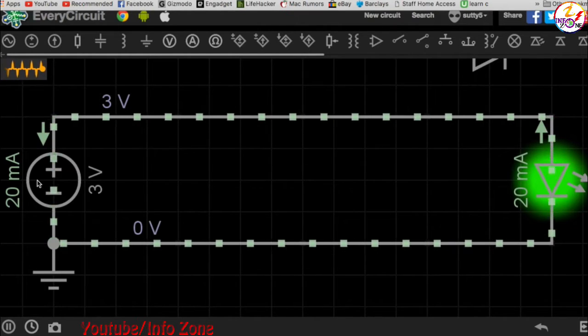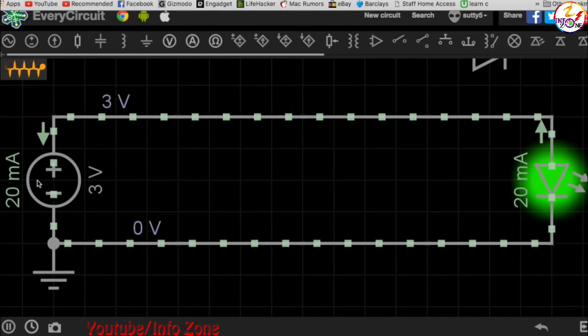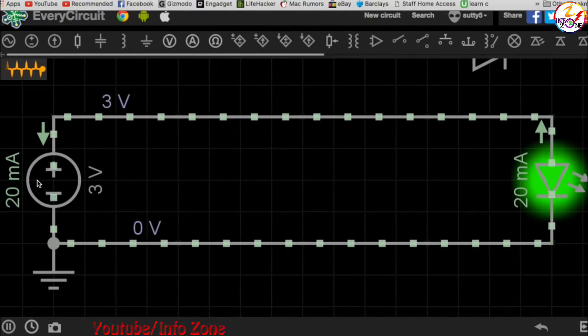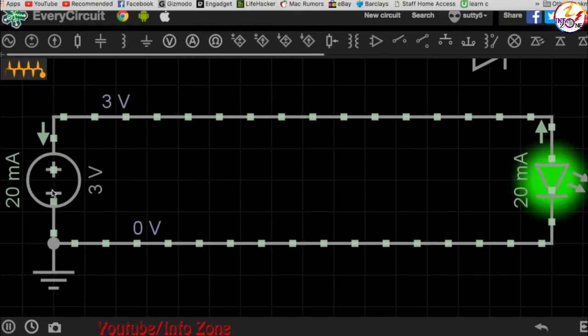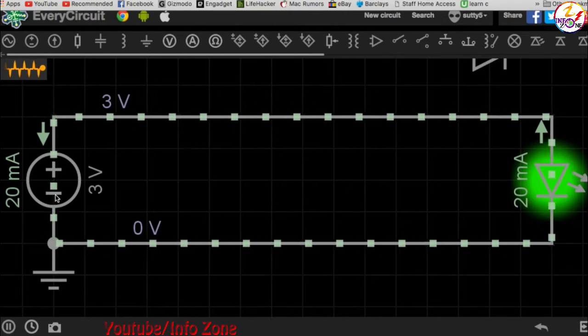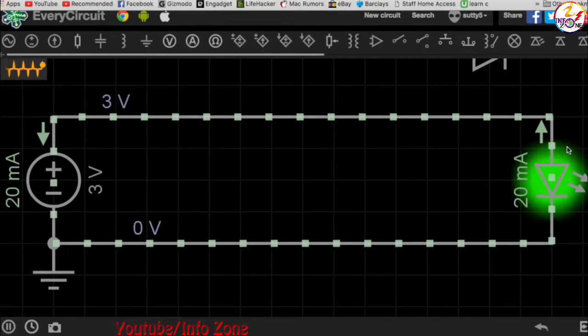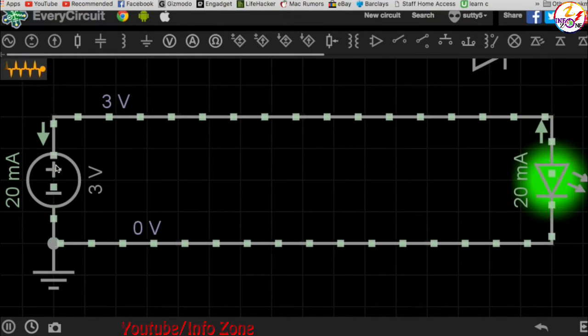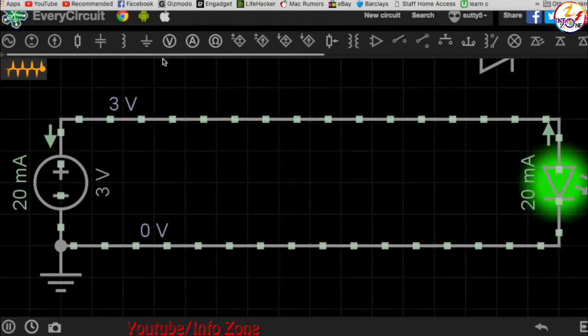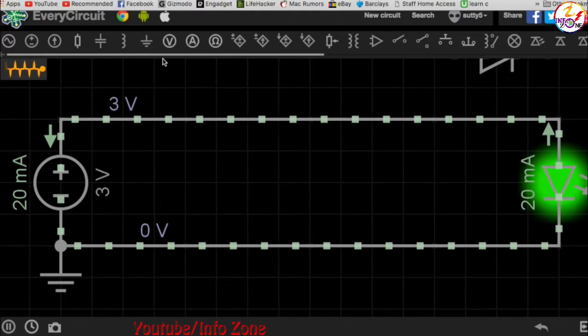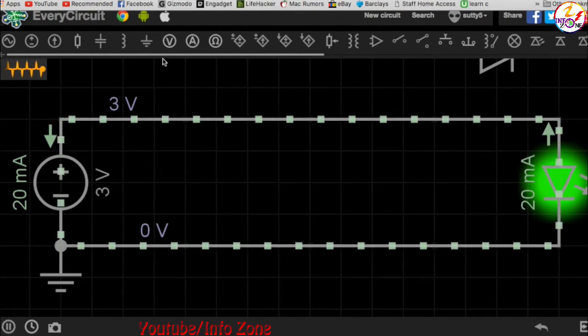The positive and negative side are both constant, they do not change. So that means that the electrons flow from the negative side through whatever is in the circuit, such as an LED, and then towards the positive side. And that's why DC is known as direct current. It flows one way in one direction.